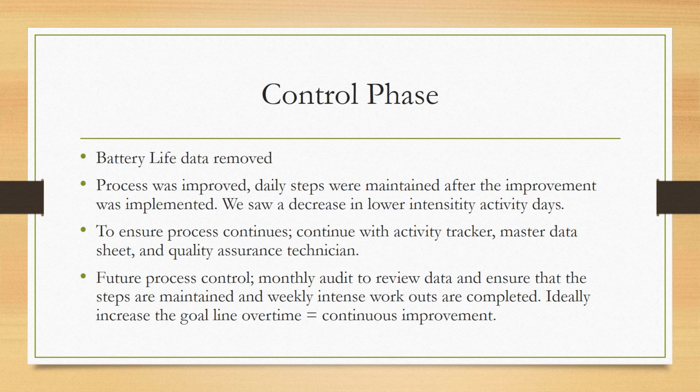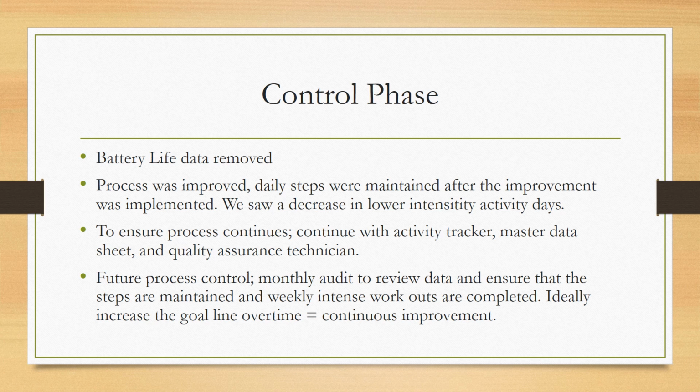And what I also think is important in this process, especially the control phase, is that we look for continuous improvement. Although we were able to improve the process now, how do we keep improving throughout the job or the goal or the task that we're doing? So moving forward, I want to do a monthly audit to review the data and ensure that all these steps and weekly intensity workouts are being maintained and everything's going the way it should be.